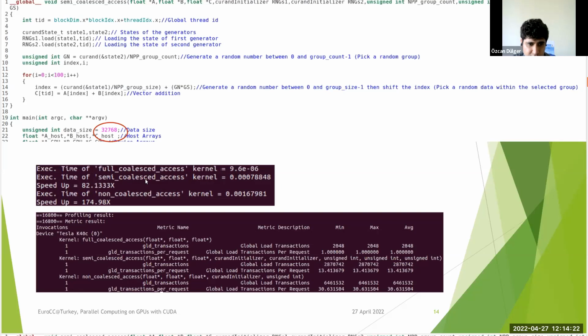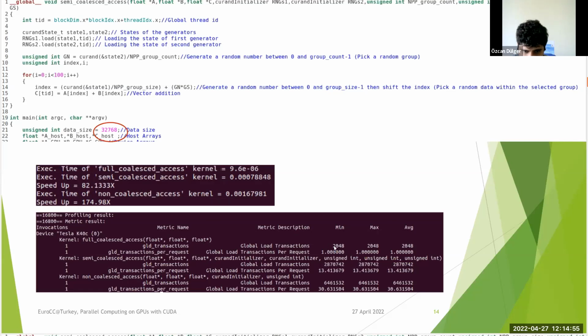For semi-coalesced access, where the number of segments in the group is 16, the execution time is 0.00078. So we achieve 82x speed up with this approach. And the execution time of the non-coalesced access kernel is 0.0016. So we achieve 174x speed up.